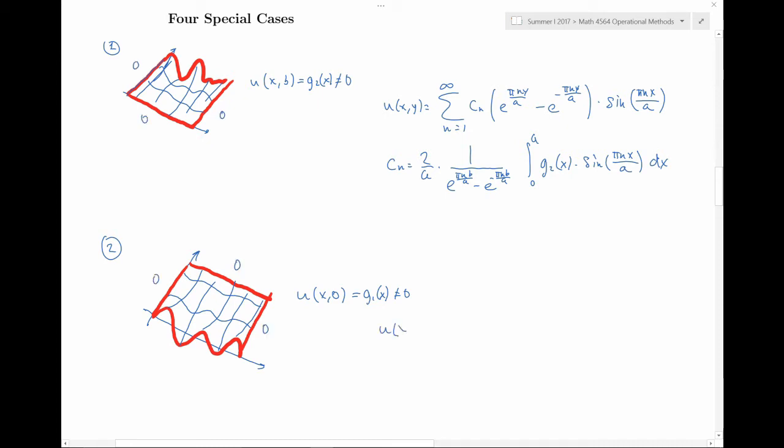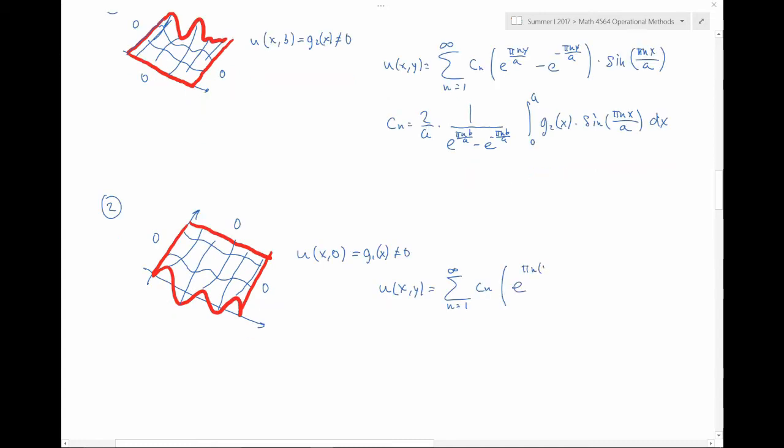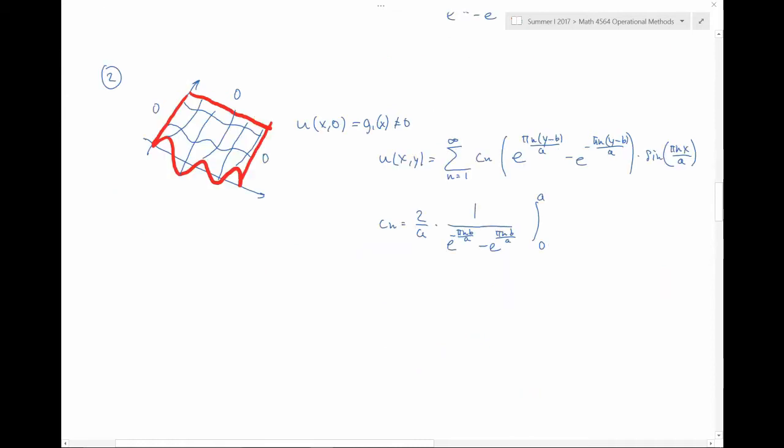So in this case, u of x y, as we just derived, equals the sum as n goes from 1 to infinity of coefficient Cn, e to the pi n (y minus b) over a minus e to the minus pi n (y minus b) over a times sine of pi n x over a, where each coefficient Cn is found as an integral 2 over a times 1 over, this time we get e to the minus pi n b over a minus e to the positive pi n b over a, the integral from 0 to a of g1 of x times sine of pi n x over a dx.